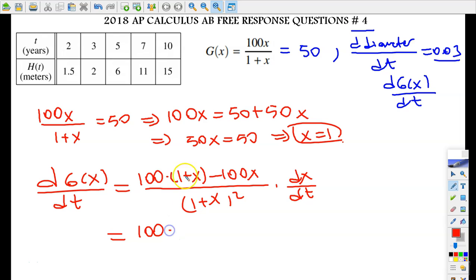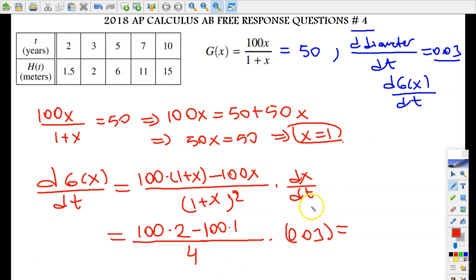So it's going to be 100 times 1 divided by (1 plus 1) squared, which is 2 squared, which is 4, times dx over dt, which is 0.03. So this simplifies to 0.75. That means, according to the model, the rate of change in the height of the tree with respect to time, when the tree is 50 meters tall, is 3 over 4 meters per year. That's the meaning of this expression.